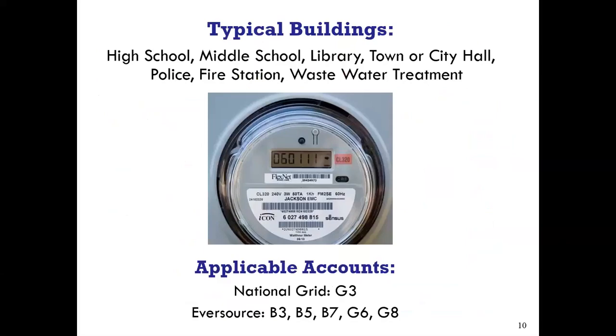The typical buildings that we're going to see this in are your largest buildings, because in order to determine the quantity, you need to have an interval meter which reports the usage every 15 minutes. Those are only on your largest buildings like high schools, middle schools, libraries, wastewater treatment plants.